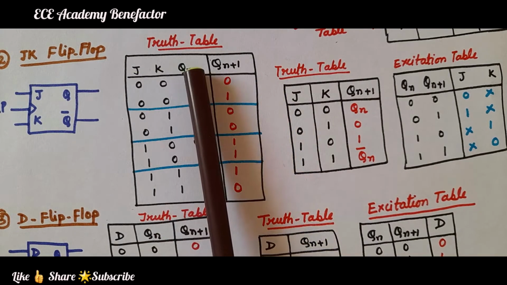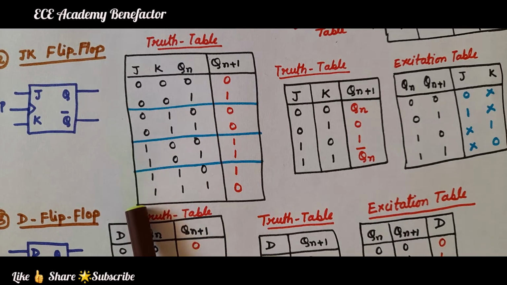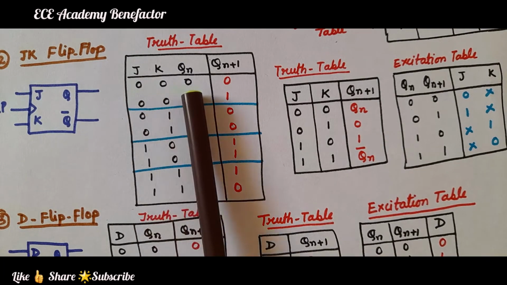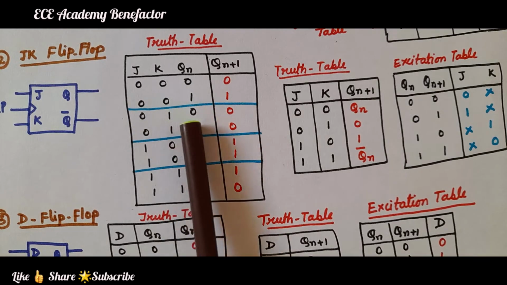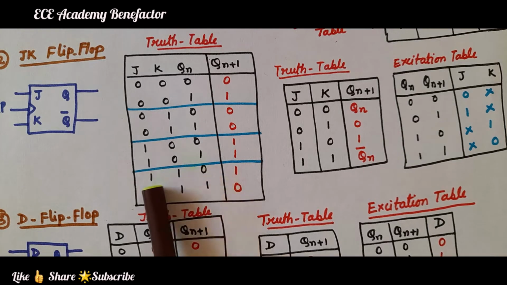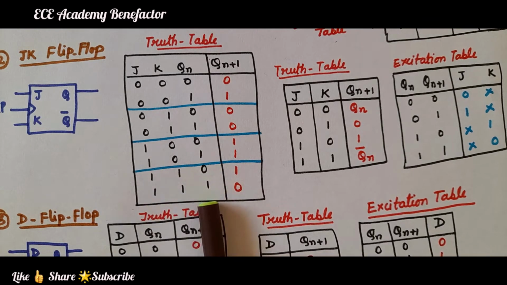For three variables there are 2 to the power 3, which is 8 possible combinations. So we have written 0 0 0, 0 0 1, 0 1 0, 0 1 1, 1 0 0, 1 0 1, 1 1 0, 1 1 1.